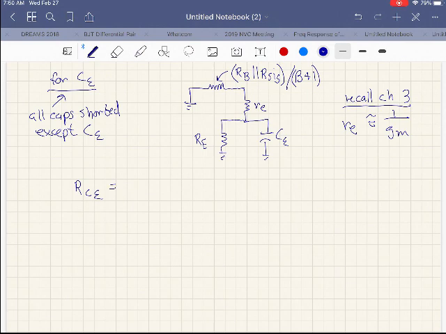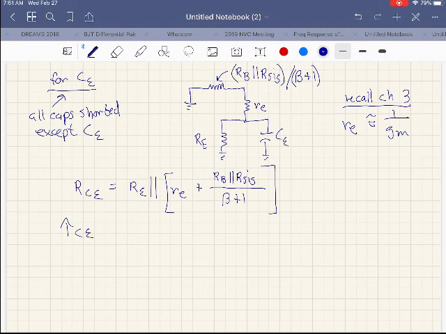So RCE is going to be RE, looking at our circuit here, again series parallel stuff, in parallel with little re plus RB in parallel with R sig, divided by beta plus 1. Once you have that calculated, we can say tau CE is equal to CE times RCE.